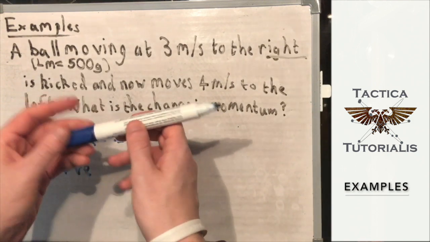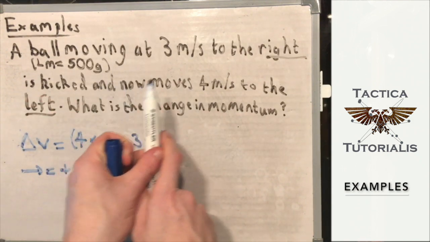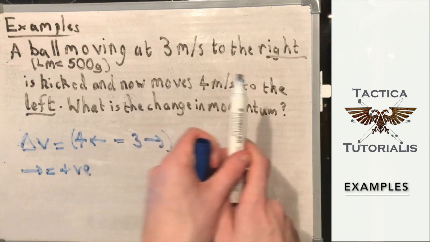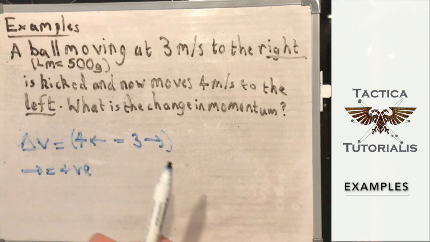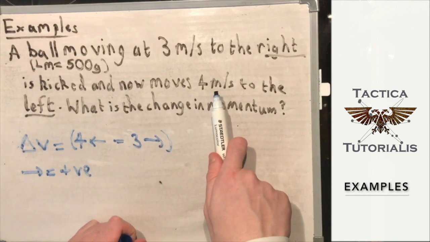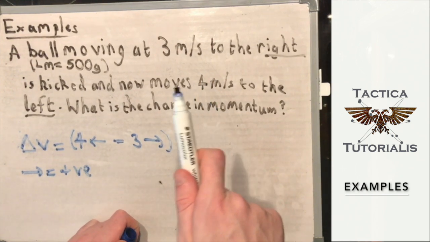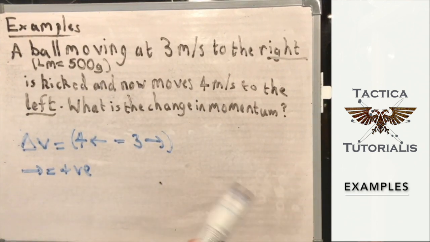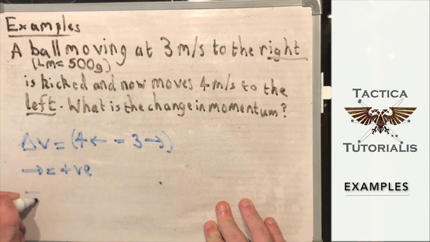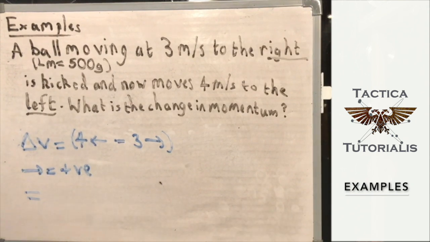So taking 1 step to the right is plus 1. Taking 1 step to the left is minus 1. So if it's moving at 4 meters per second to the left, its velocity is minus 4 meters per second to the right.